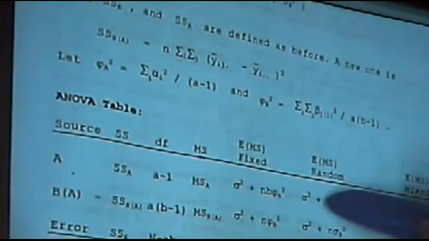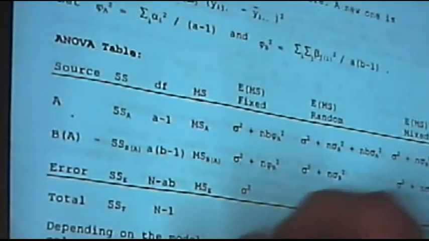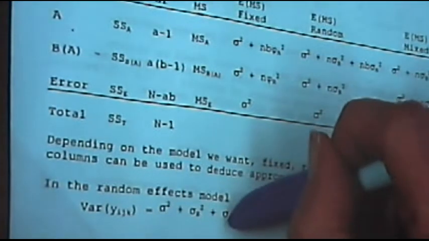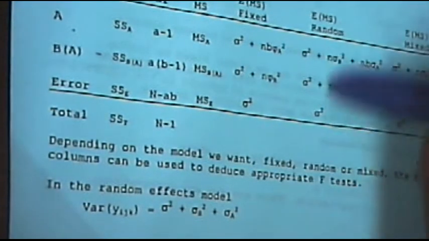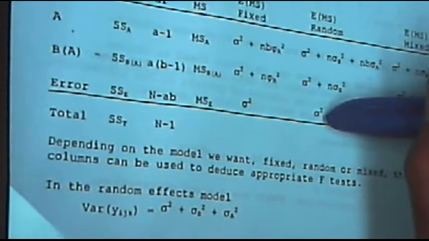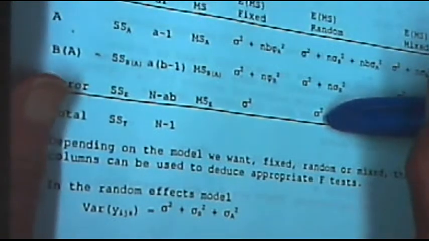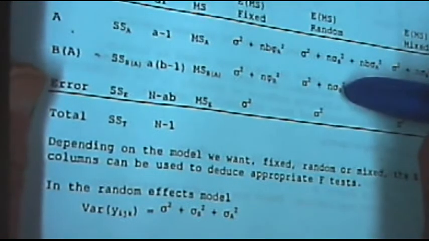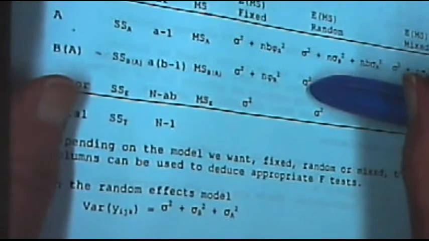So both factors are random. We're in this case right here, and I want to know how should I estimate sigma squared B, and sigma squared A. I look at these results here, and I say sigma squared is estimated by mean square error. No doubt there. But if I want to estimate sigma squared B, I have to look at this middle line here, and so I have to subtract off something that estimates this sigma squared to get rid of that.